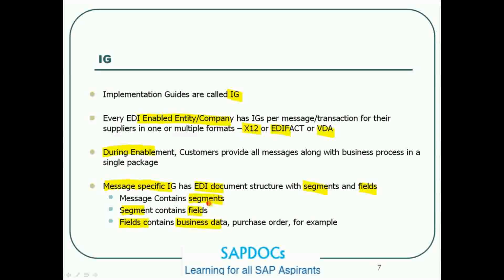For example, for a purchase order, the date of the PO, the part number, and so forth. So the IG is a blueprint of the messages that you are going to send to your supplier, and it has both outbound and inbound message formats. The customer provides all the documents, or all the IGs, in one single package.